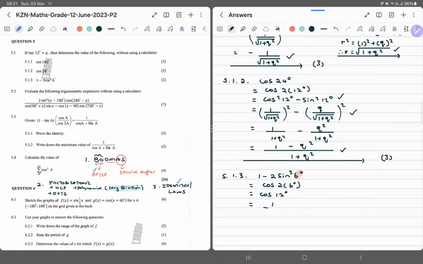And what is the cos of 12 degrees? It's 1 over the square root of 1 plus q squared. And again, here we don't need to simplify further. So this action here of using identities is key, and then we substitute.